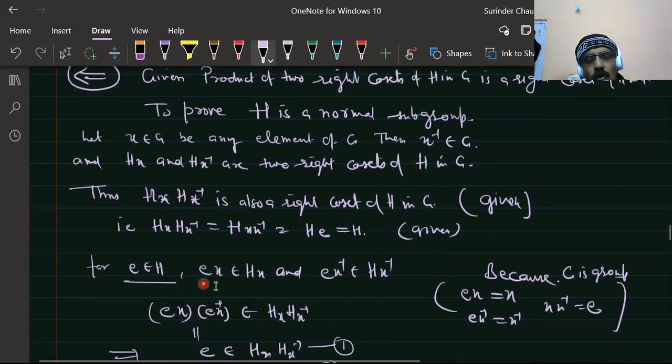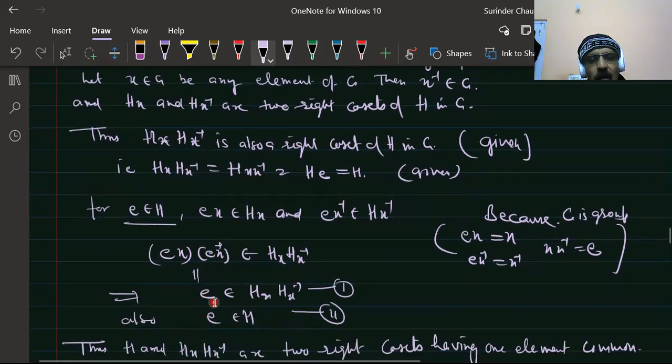So this right coset is equal to H. For e belongs to H, ex belongs to Hx and e into x inverse belongs to Hx inverse. So ex into ex inverse belongs to Hx into Hx inverse. Ex into ex inverse comes out to be e.